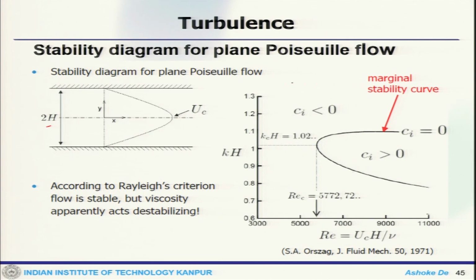Now, this is the diagram where Reynolds number is plotted against k h, and this is the curve where c_i is 0, that means it is a marginal stability curve. This side is the stable zone, this is the unstable zone. So, this is the critical Reynolds number that you get for plane Poiseuille flow.